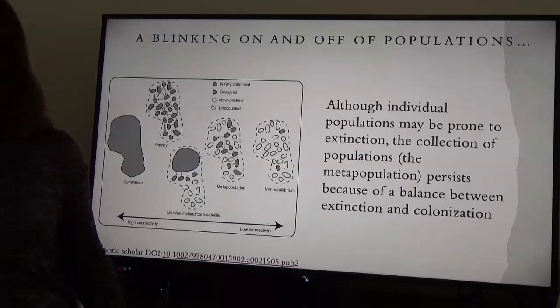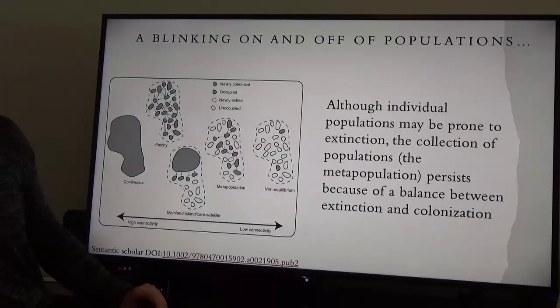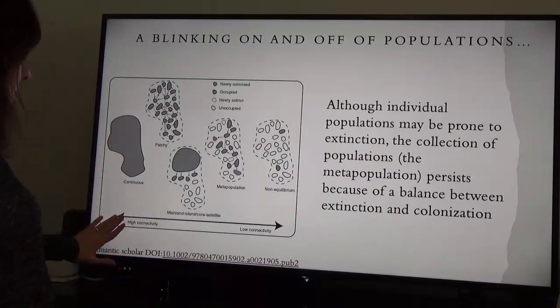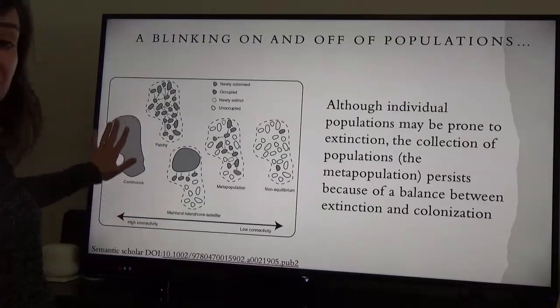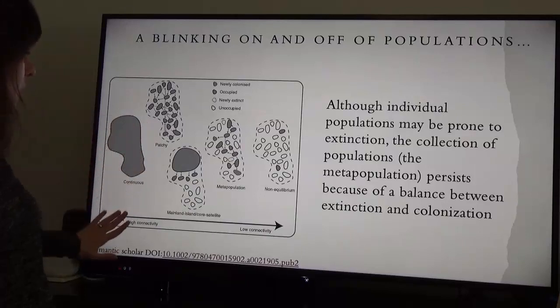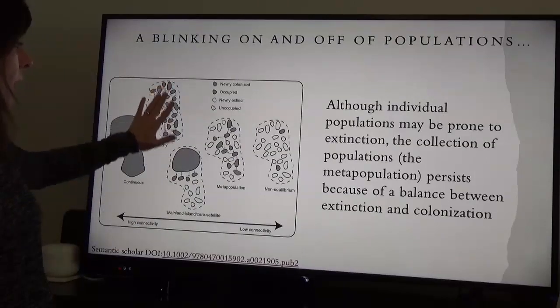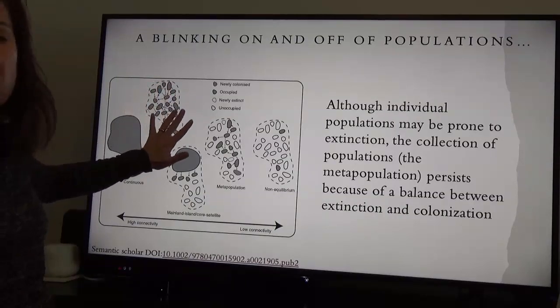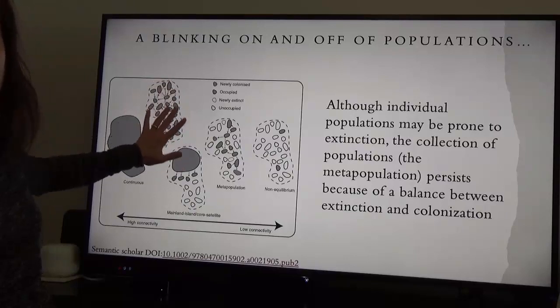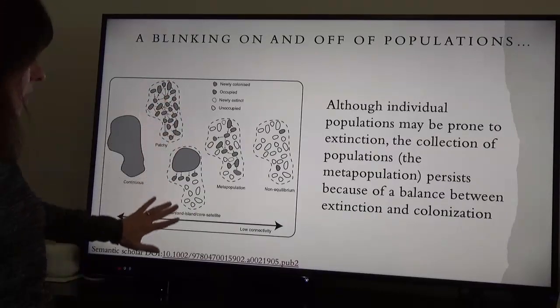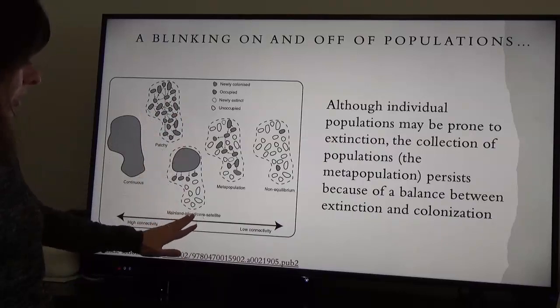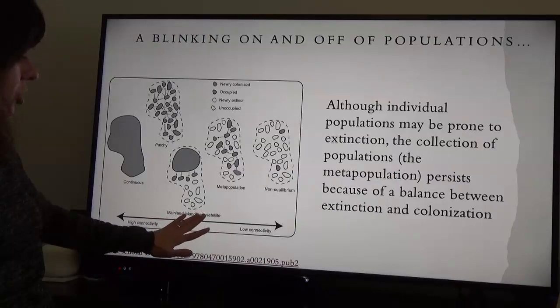And there's all kinds of different types of metapopulations. And we see them here from a situation of very high connectivity, where you have a continuous habitat, to patchy but very well connected, so some fragmented habitat where there's a lot of movement amongst individuals in the population, and all of those patches are occupied all of the time, to mainland island, core satellite.